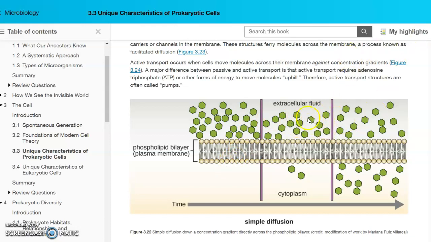We're bringing these little particles inside the cell to reach an equilibrium. That's simple diffusion. It doesn't require any energy. It's just a passive process that occurs due to the changes in concentration outside of the cell and inside of the cell.